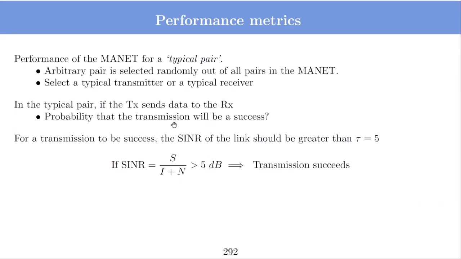When we call a transmission successful, we assume that for the transmission to be successful, the SINR of that transmission link should be greater than some threshold. Let's assume 5 dB. So if I take the signal divided by the interference plus noise, and that ratio is more than 5 dB, then I say the transmission is successful. That is typically the case: a transmission's success depends on the SINR threshold.